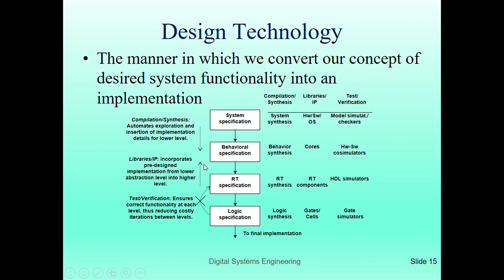Here you can see the system level specifications, behavioral specifications, RT specifications, and logic specifications, leading to the final design. Here you will see the compilation process or the synthesis process.